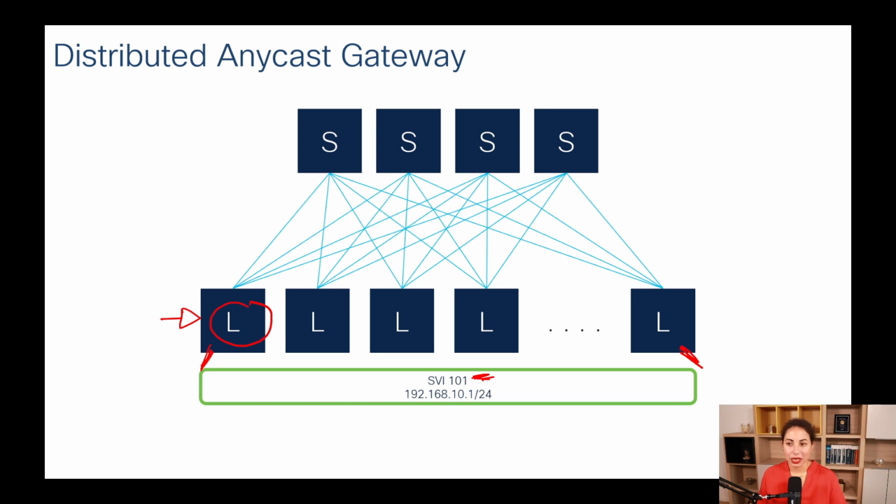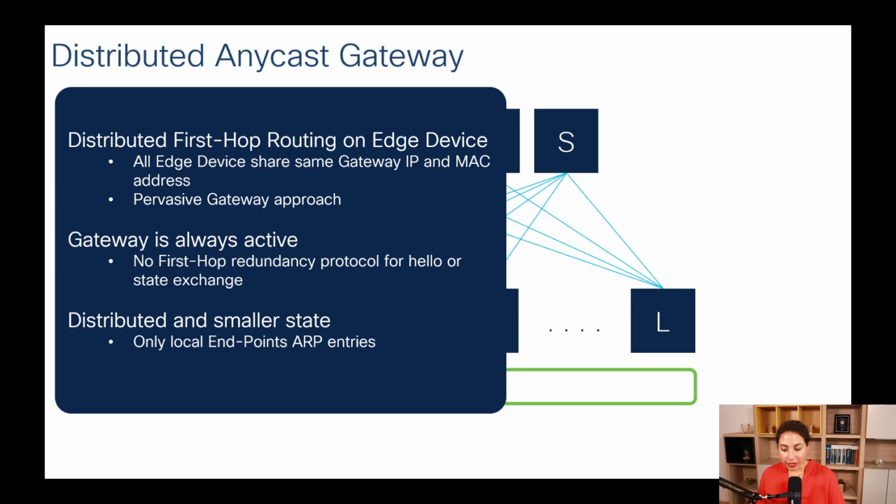We can do really seamless VM mobility with absolutely no issue. On top of that, there is absolutely no need for a first hop redundancy protocol. The pervasive gateway works thanks to the building blocks and the implementation of L2VPN, EVPN, and VXLAN in the Cisco Nexus 9K switches.